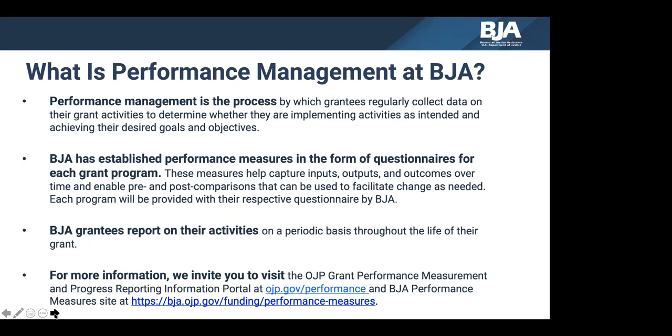BJA has established performance measures, for example, questionnaires, for each grant program. These measures were included in the original solicitation that you responded to. We'll also review the specifics of your program's unique questionnaire during this orientation as well. You can find additional information and several resources on the Office of Justice Programs Grant Performance Measurement and Progress Reporting Information Portal at the BJA Performance Measure website listed here.